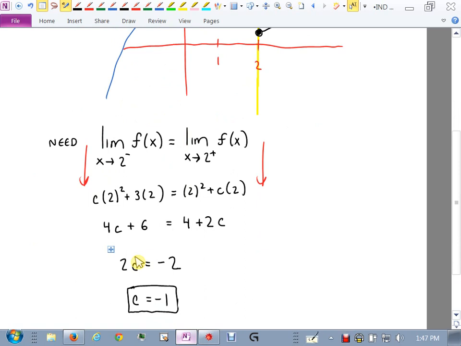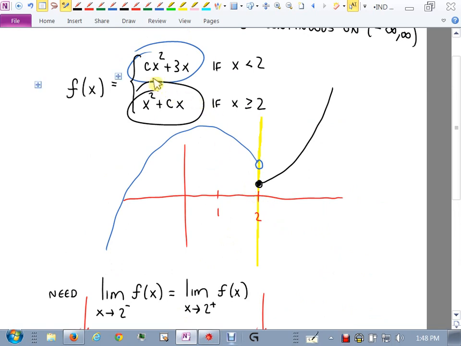So we need our final answer. We've got c, but let's write the function down. Our new function that should be continuous everywhere should be c times x squared, so negative x squared plus 3x, and then x squared plus cx, but c was negative 1, right?